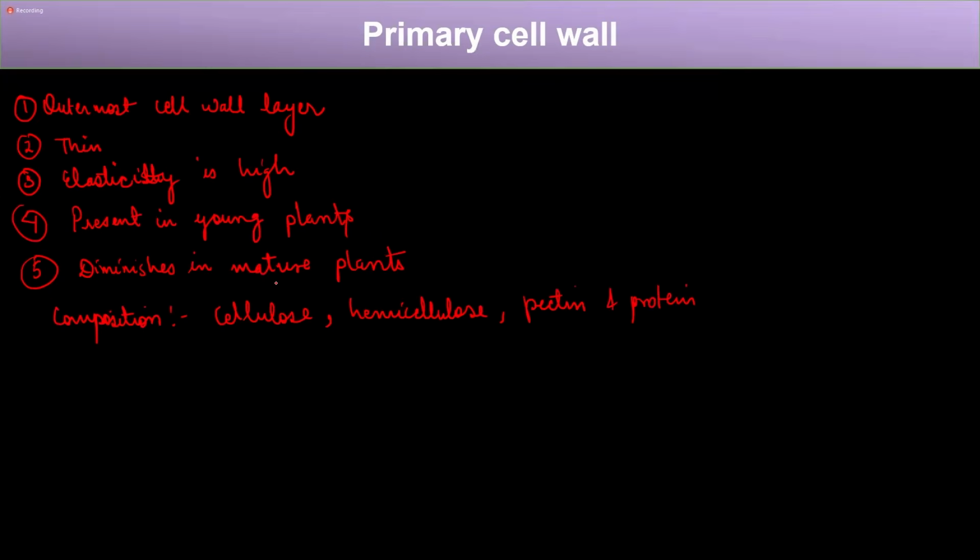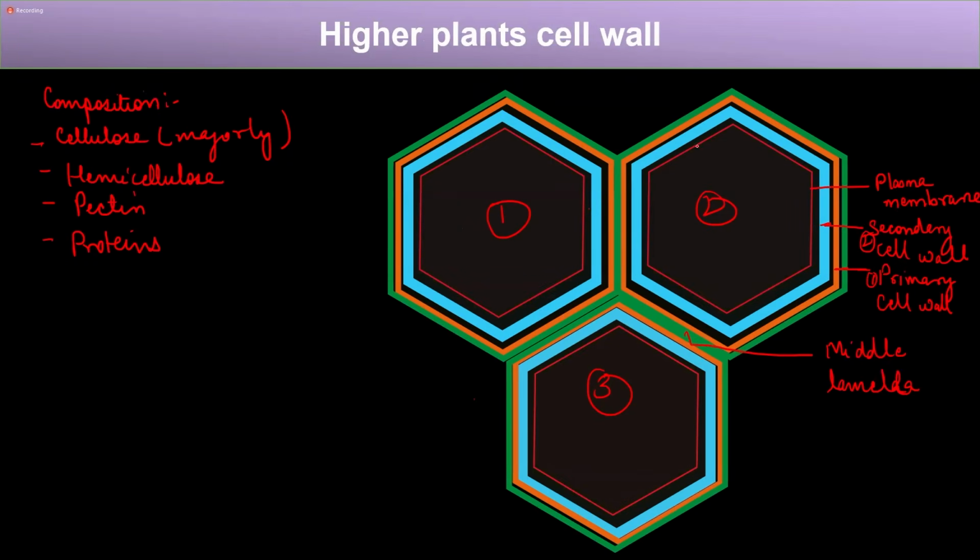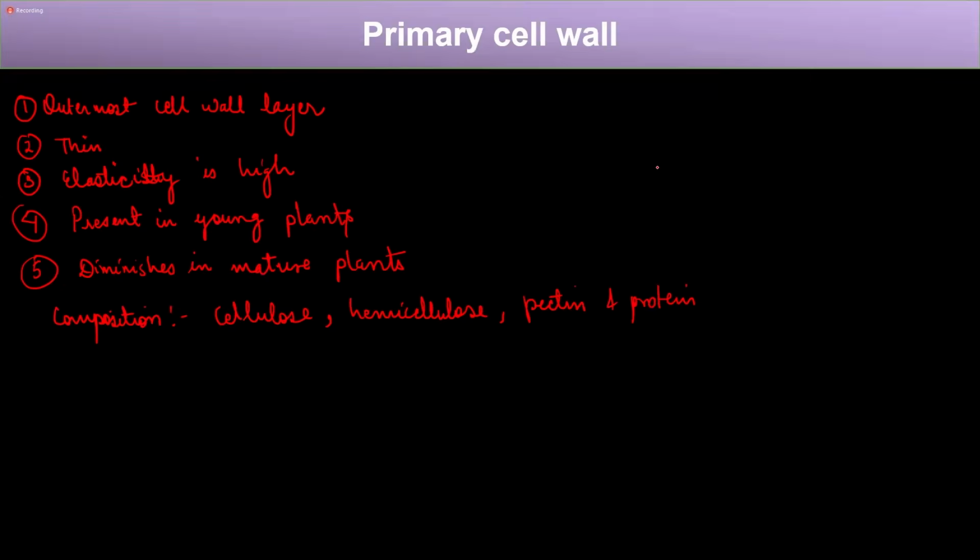Now the second thing is the secondary cell wall. If you see, the secondary cell wall is next to the plasma membrane and it is thick, right? So what you can write about the secondary cell wall is that it is present between the plasma membrane and the primary cell wall, right?